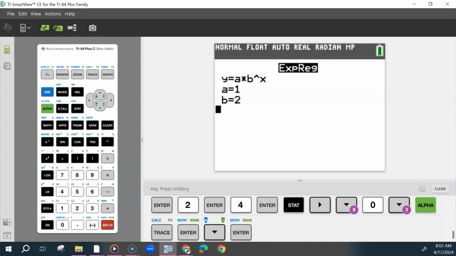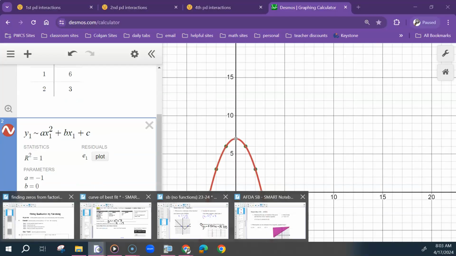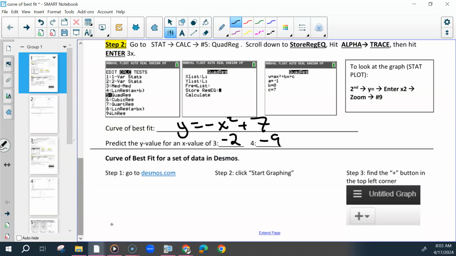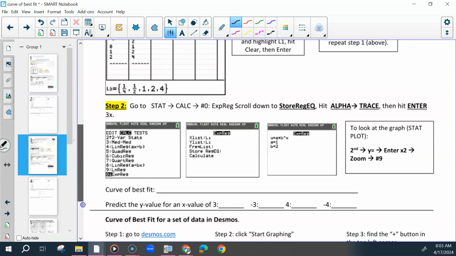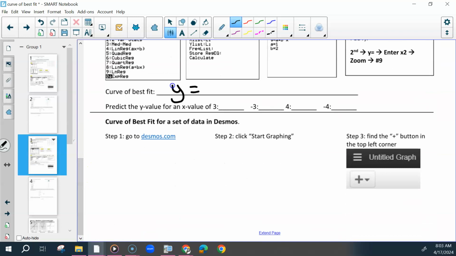So then our curve of best fit, we have to put it in this format, a times b to the x. So this would be 1 times 2 raised to the x, or just 2 to the x. And then if we were to predict the value, we'll do 2 of these in the calculator and then the other 2 in Desmos.